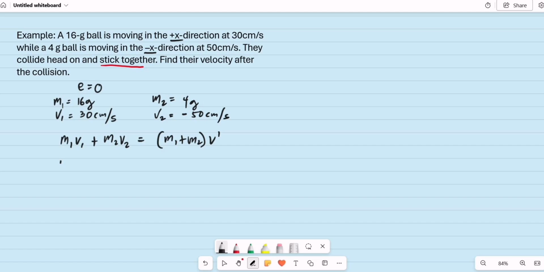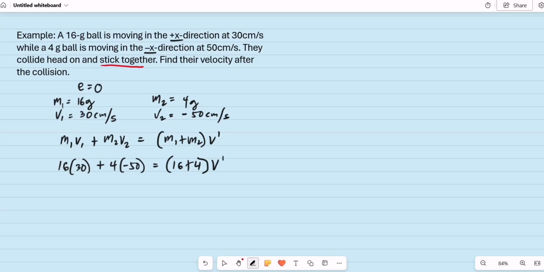We have mass number 1, 16 grams, multiplied by velocity 30, plus mass number 2, 4 grams, multiplied by its velocity, negative 50 centimeters per second, is equal to 16 plus 4 times their common velocity after collision.